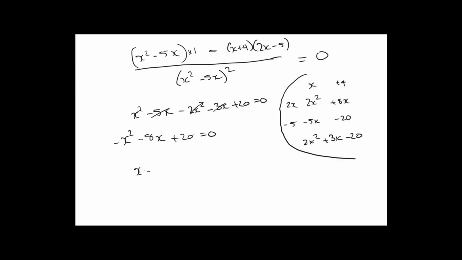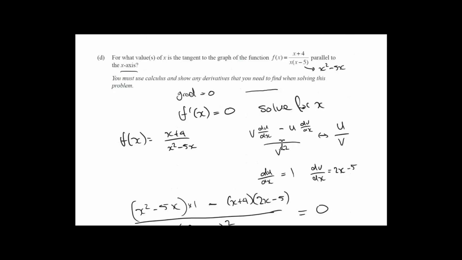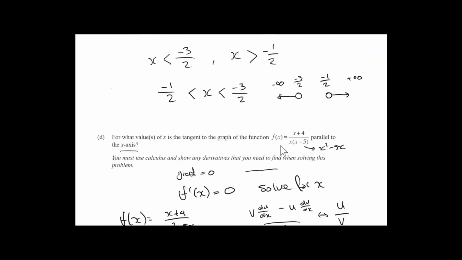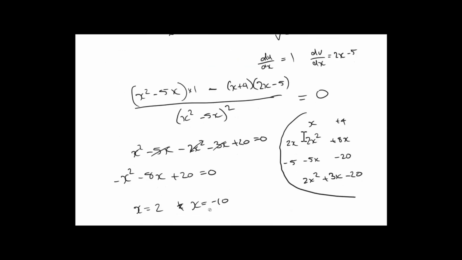So x is 2 and x equals minus 10. Let's do a bit of a sanity check. If we put 2 or negative 10 into the denominator here, does it equal 0? No, it doesn't. So that must be our final answer.